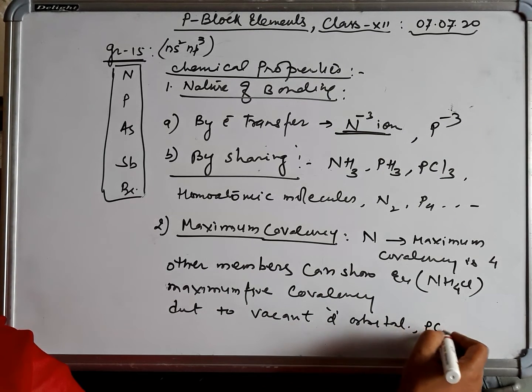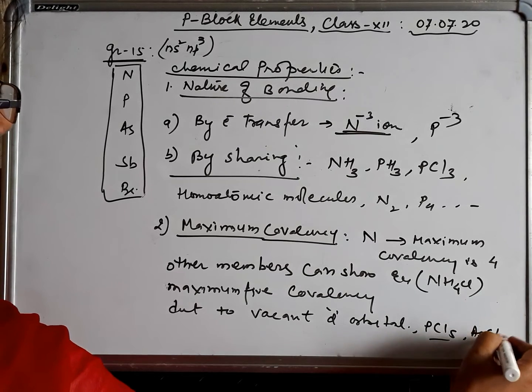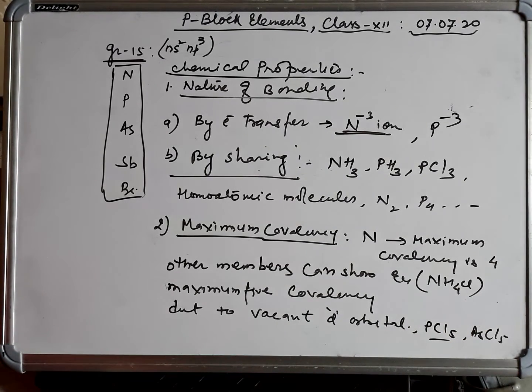For example, PCl5, AsCl5, and so on. They can extend their covalency.